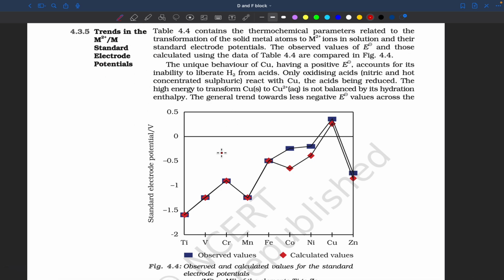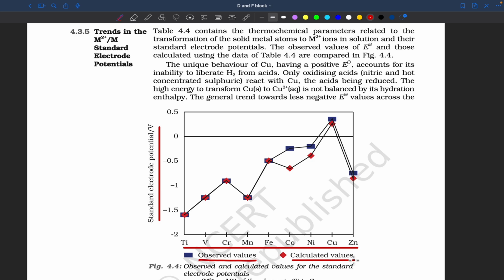So here this graph gives you standard electrode potentials on the y-axis and elements on the x-axis. So when they are plotted, you have got observed values as well as calculated values.